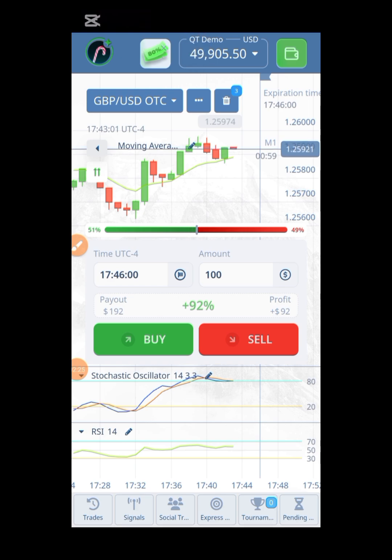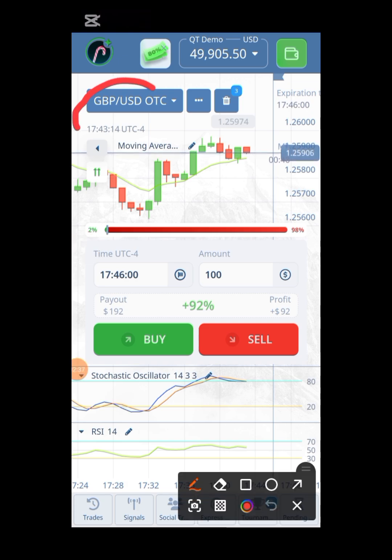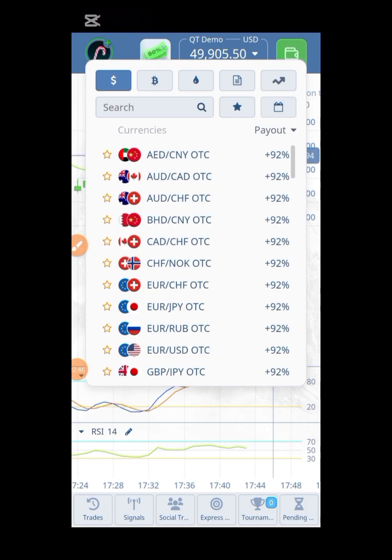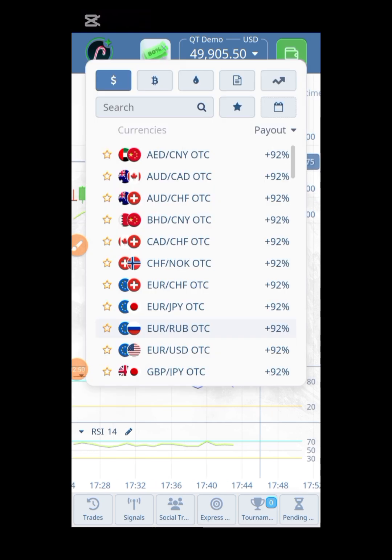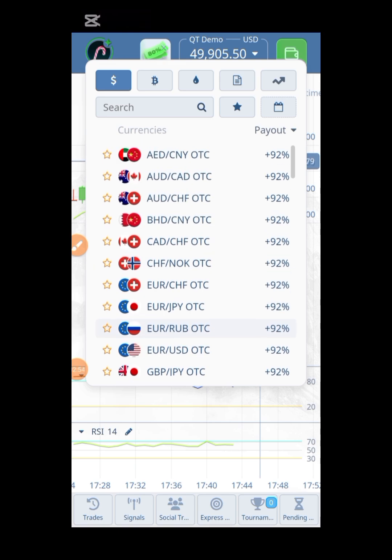So the fourth thing that we have to do in terms of the settings for us to be able to win our trade is to select your currency pair. These are the currency pair zone. You come here, and these are the currency pairs within the option system.